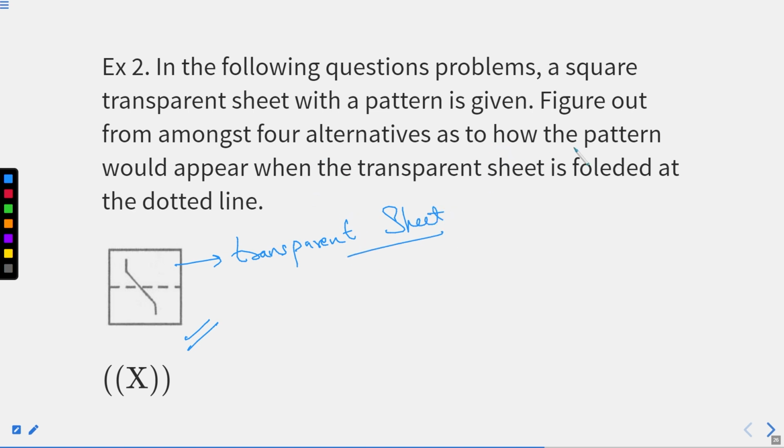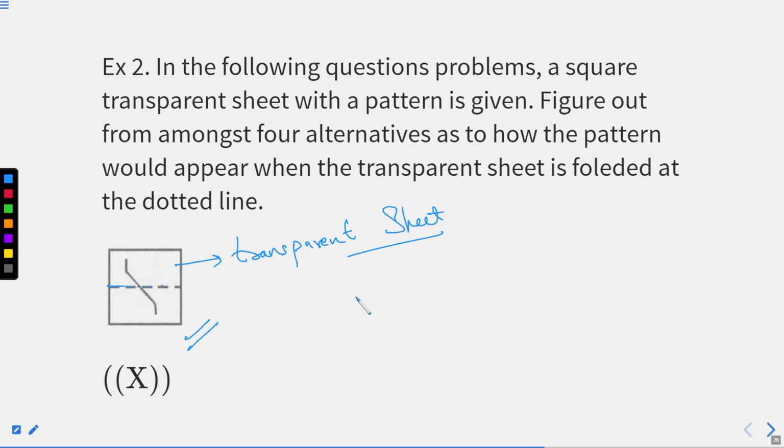Figure out from among the 4 options in the forward slides, right, how the pattern would appear when the transparent sheet is folded at the dotted line. This is the dotted line.